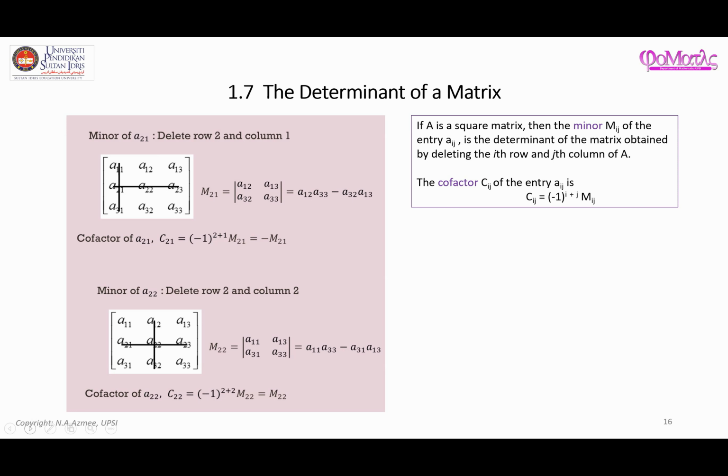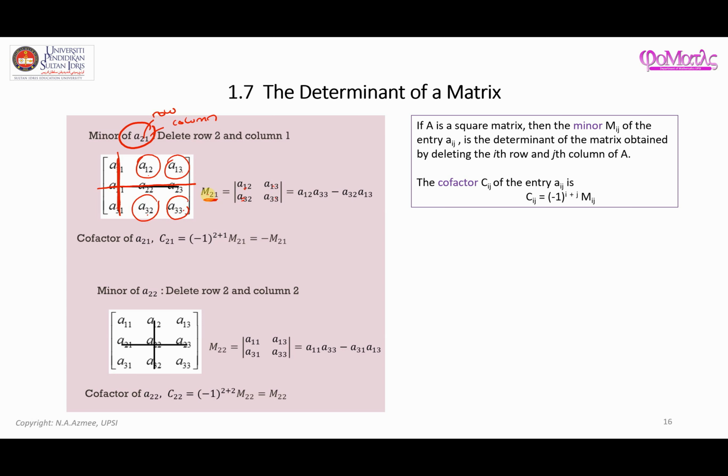When you want to find A21, so again, this is i and this is j, so row 2 and column 1. Therefore, you're going to delete row 2 and column 1, and you're going to take the remaining values here, and this is known as M21. So you will plug in the remaining values according to the positions 1,2, 1,3, 3,2, 3,3, so like this.